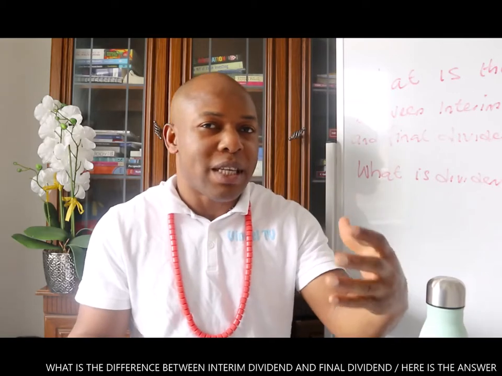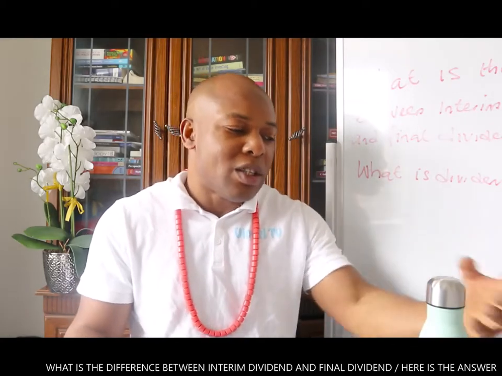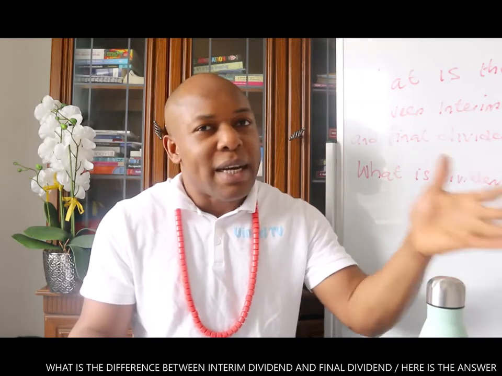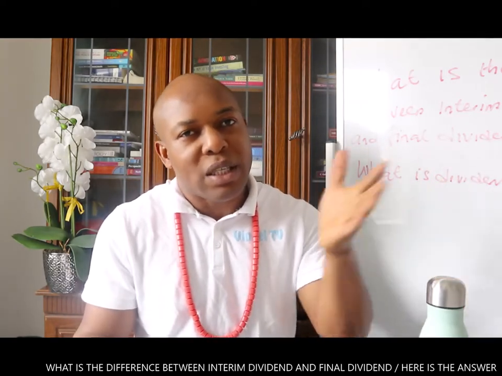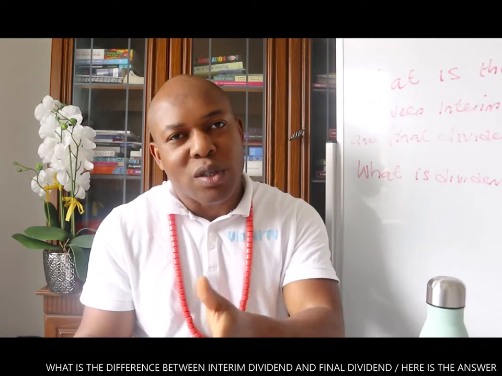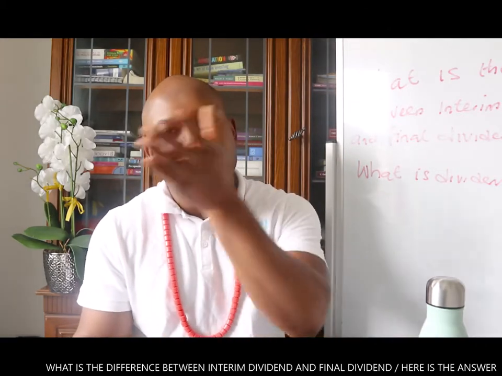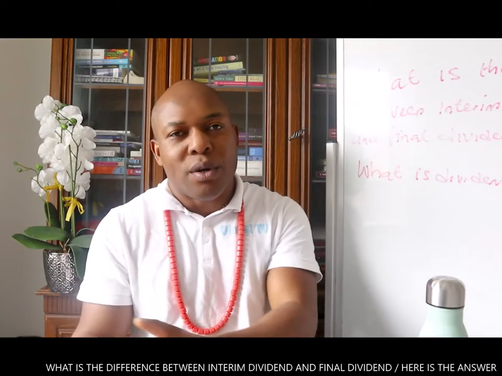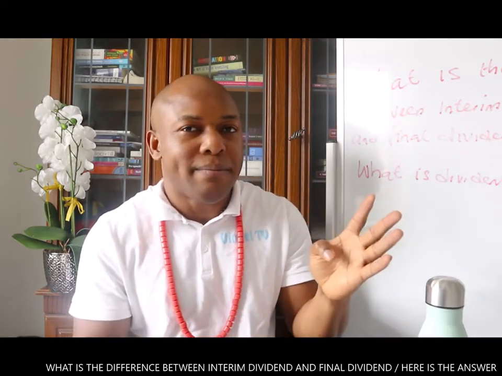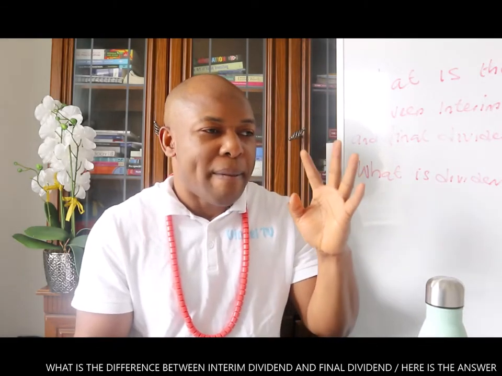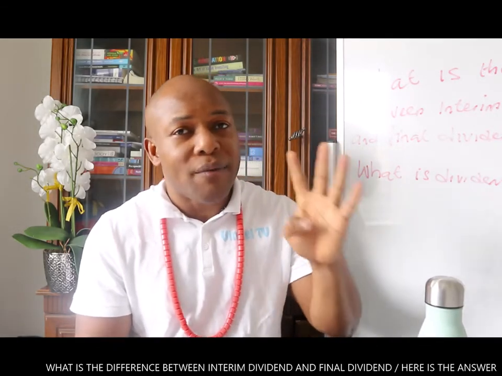For instance in Nigeria, any company listed on the stock exchange will send their company result for the first 3 months, the next 6 months, then 9 months and 12 months. So they do this 4 times a year.